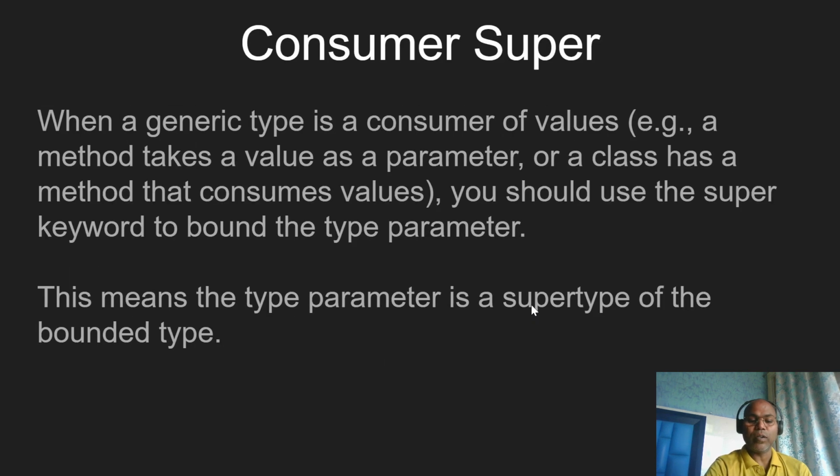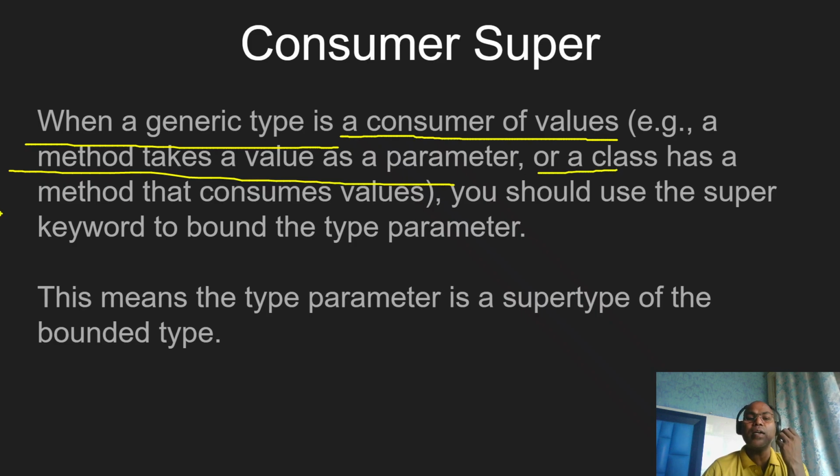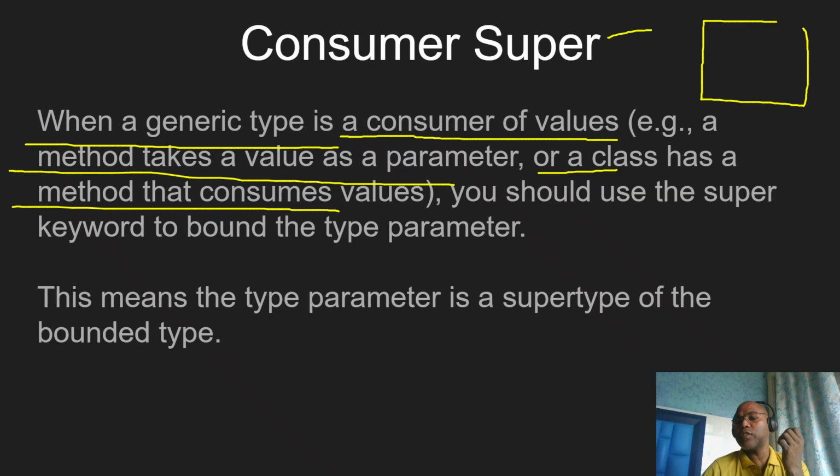Similarly, consumer. So similarly, when a generic type consumes a value, or a method takes a value as a parameter, or a class as a method consumes value. So you can write any class where the generic types are receiving value as a method parameter, right?